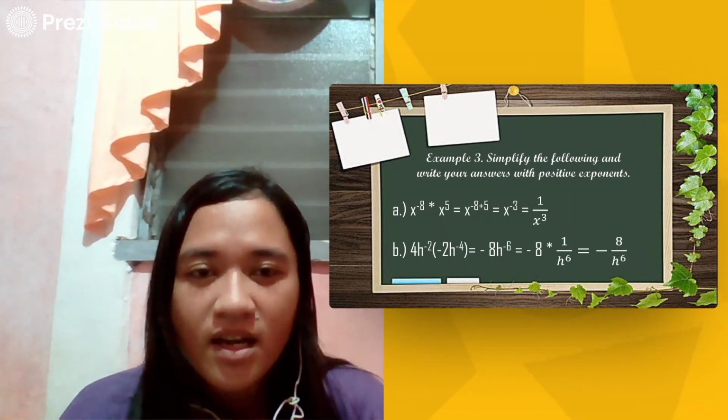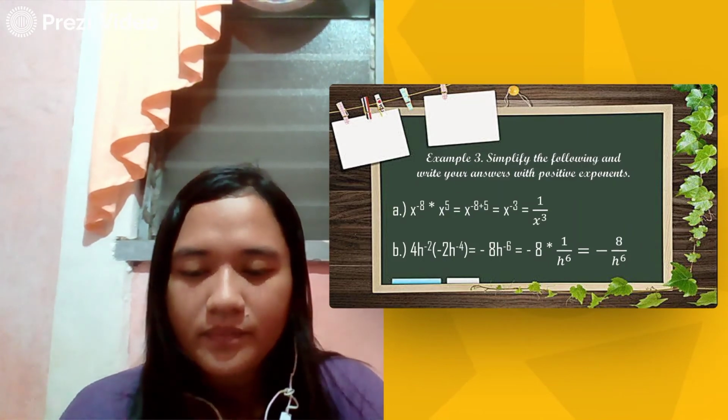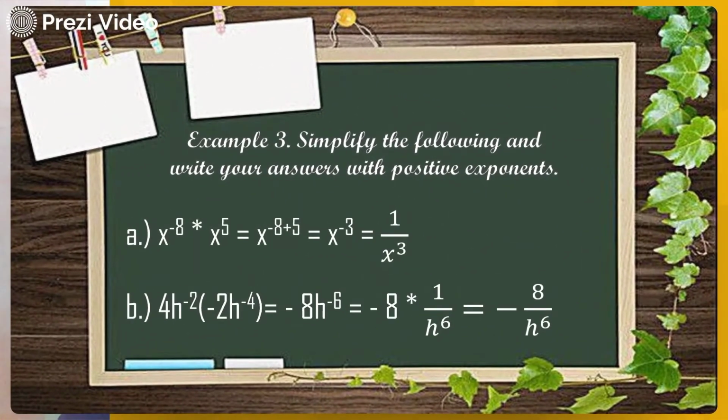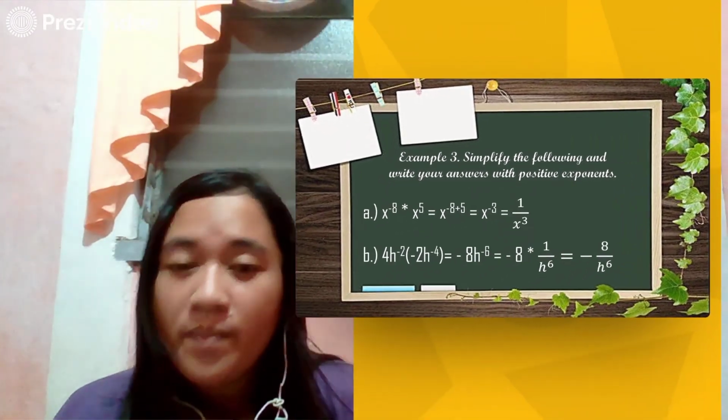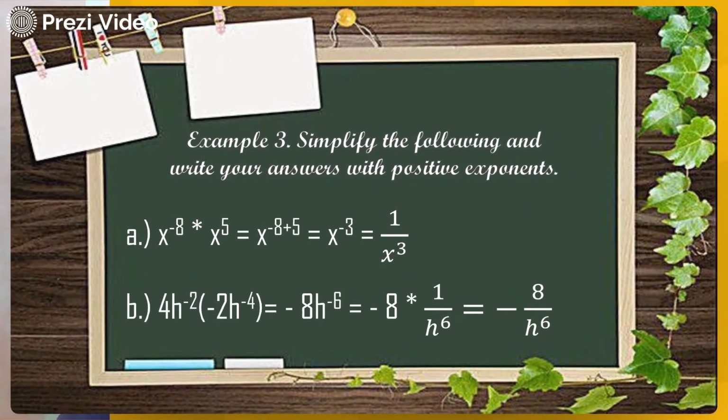Another example: we have 4h raised to negative 2 times negative 2h raised to negative 4. How do we do that? Of course, using the product rule.